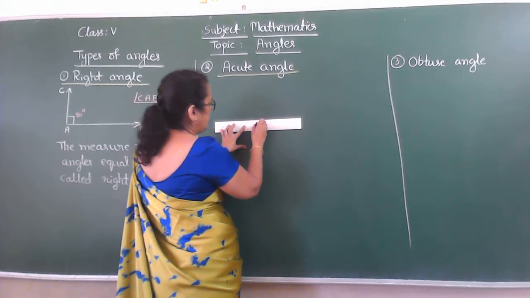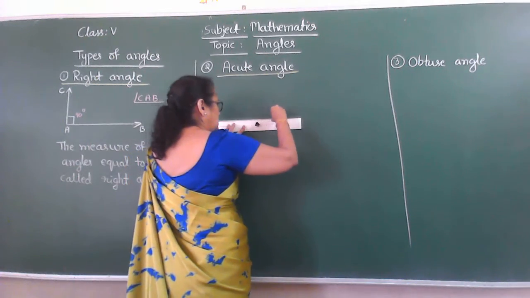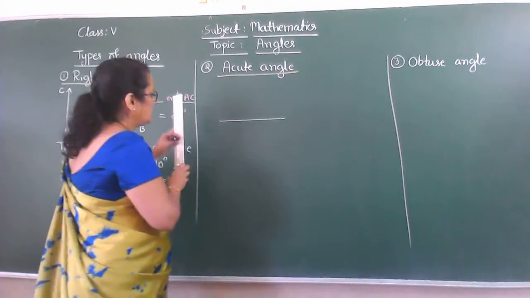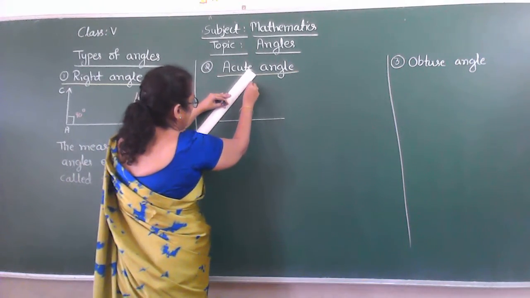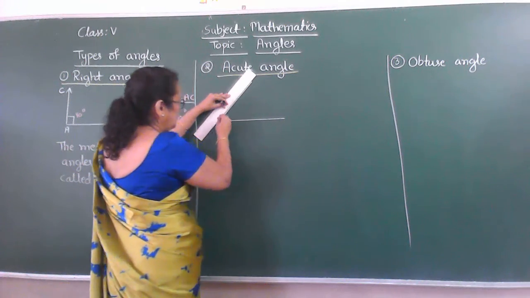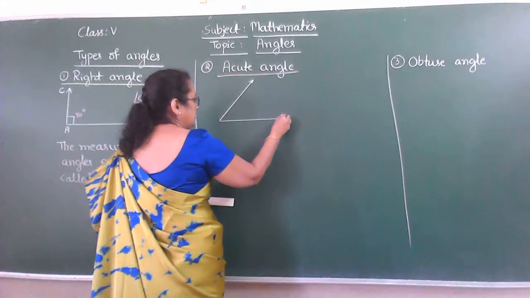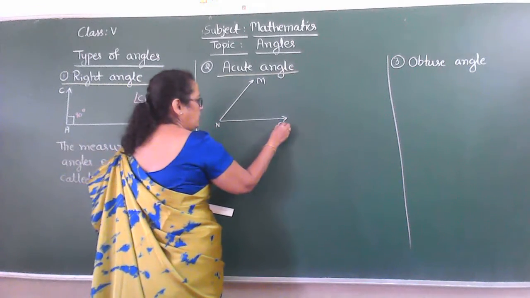Draw a straight line like this. Next, draw a slanted line like this. Now you label this as M, N and O.